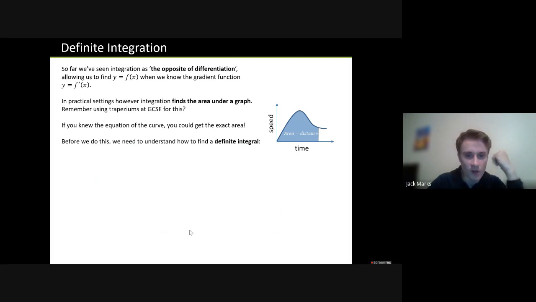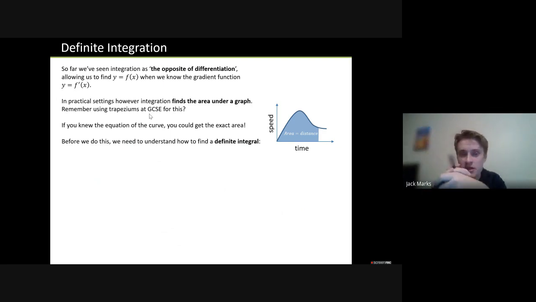So we said before that integration can be like the opposite of differentiation. But how else can it be used? Well, you'll understand better where this comes from in year 13 integration. But this very much results from the idea that at GCSE, when we wanted to find the curved area under a graph, we used lots of trapezia, and we realized that if you made these narrower and narrower and narrower, you get a better and better answer.